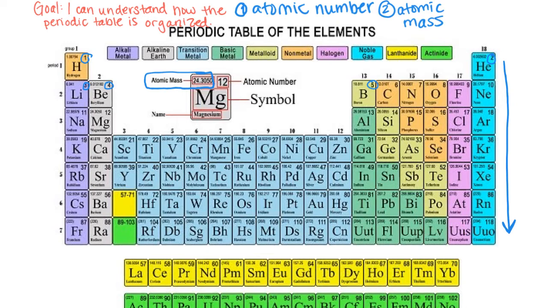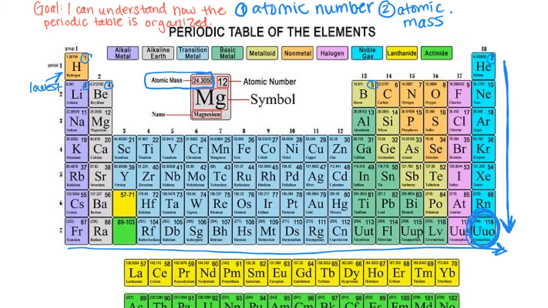As you move down the periodic table and across this way, the atomic mass is increasing. So this one down here would have the largest atomic mass and the largest atomic number. Hydrogen up here would have the lowest atomic mass and atomic number.